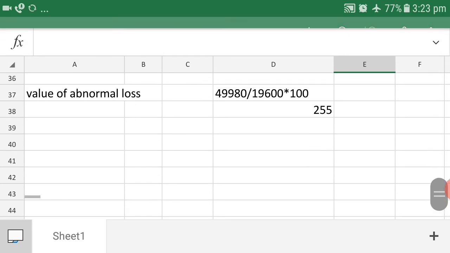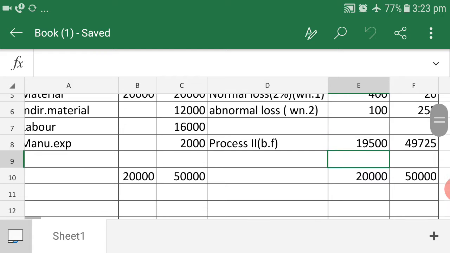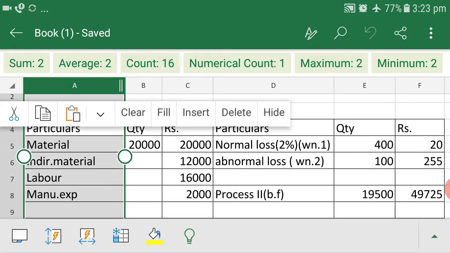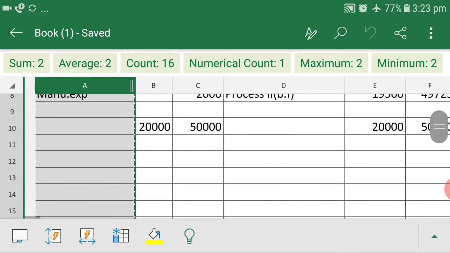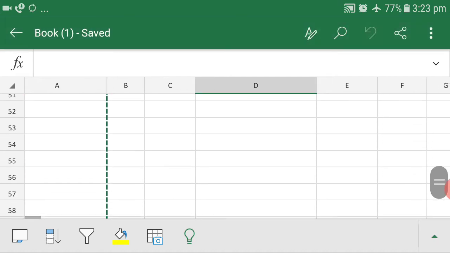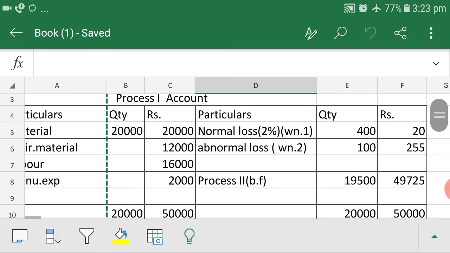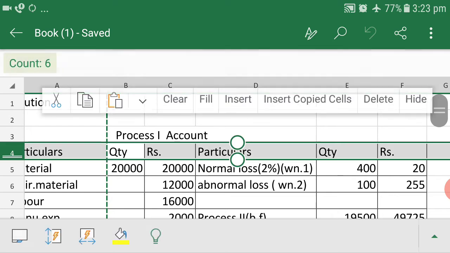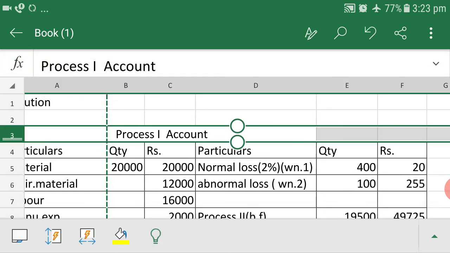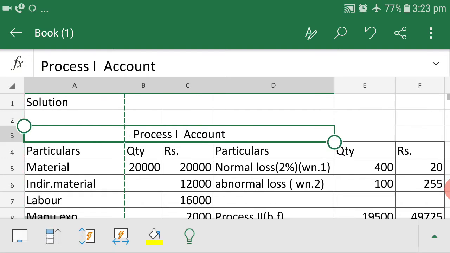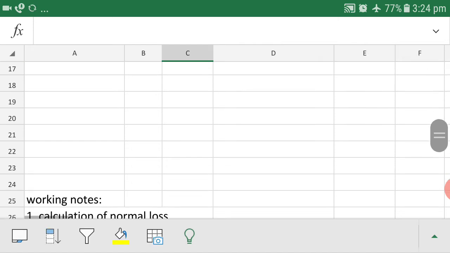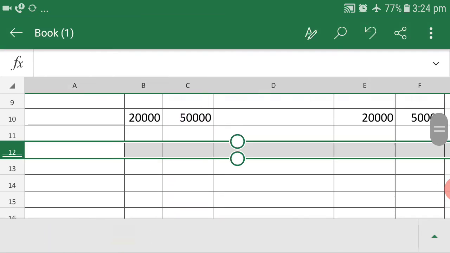See, process 1 account is over. We can do process 2 account.